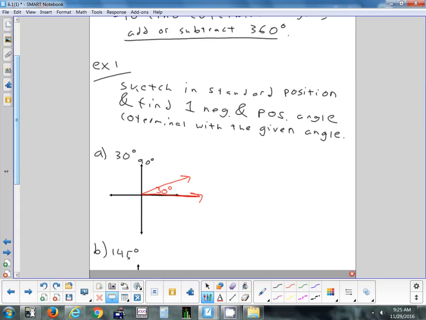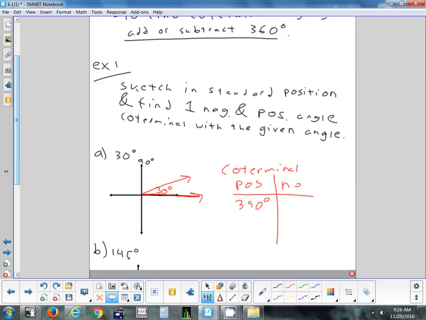So what would be an angle that's coterminal to 30 and positive? For the positive one, you would have 390.